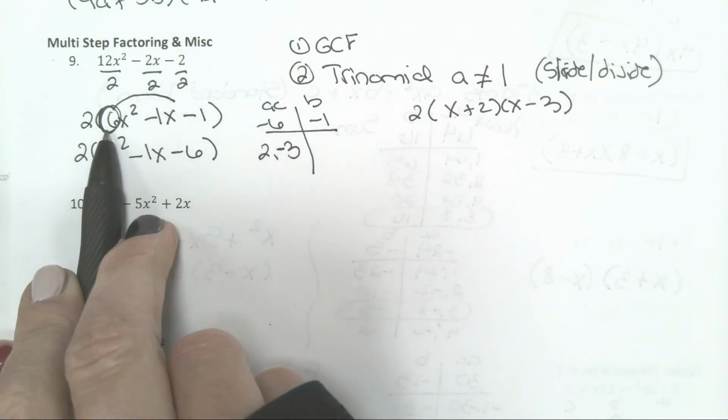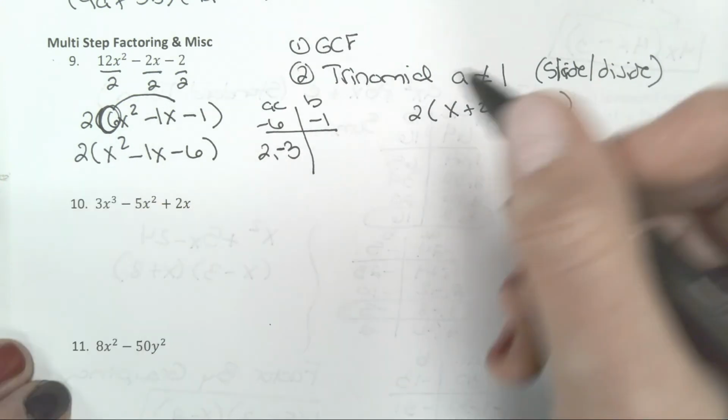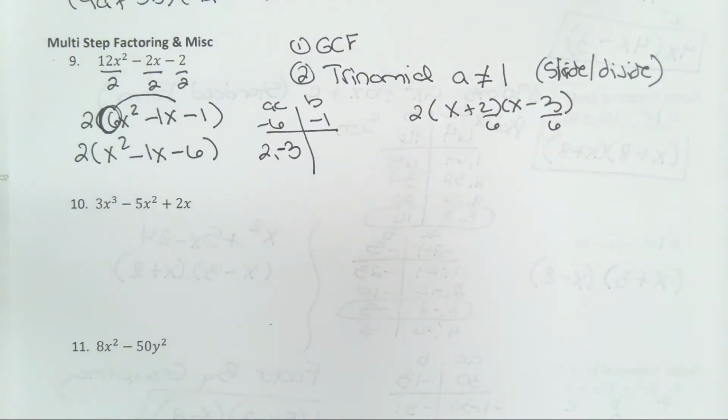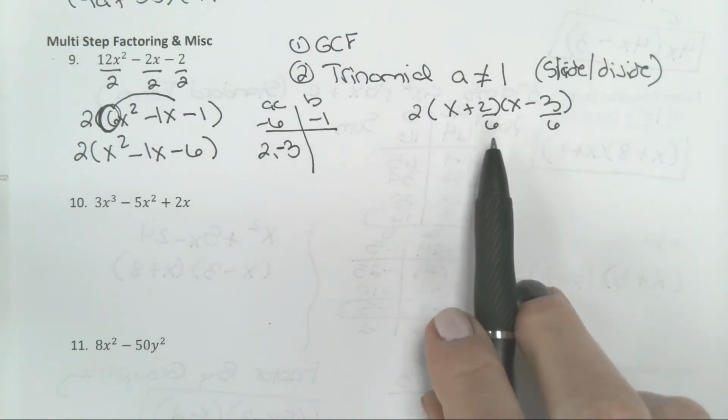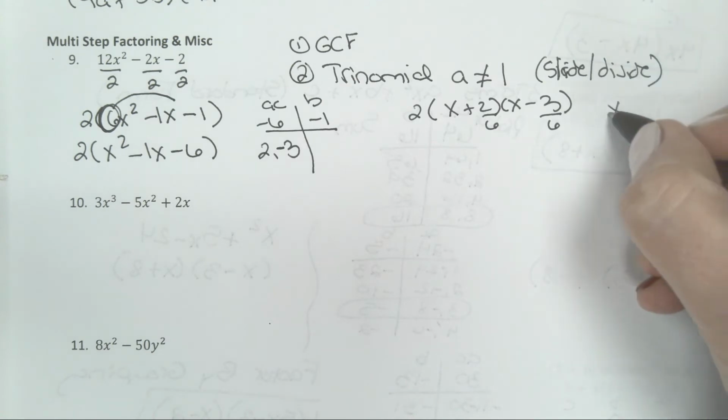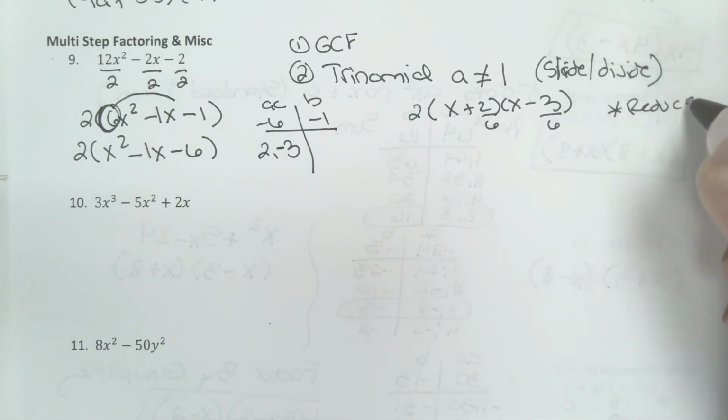All right, so I'm not done yet because I have to divide both of those numbers by 6. Before you can just simply slide it and put it back, you always have to reduce your fractions.